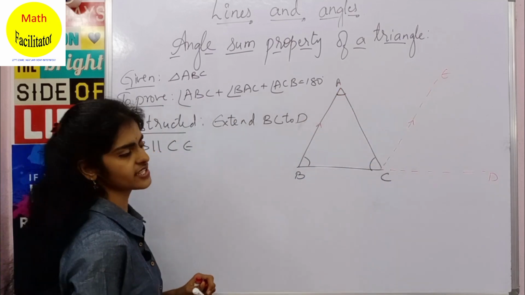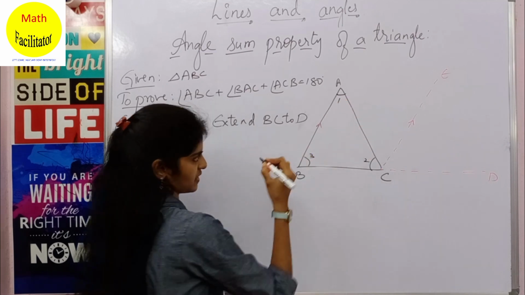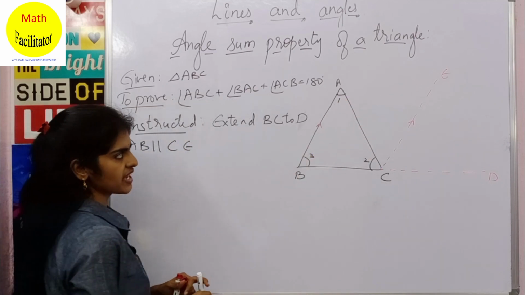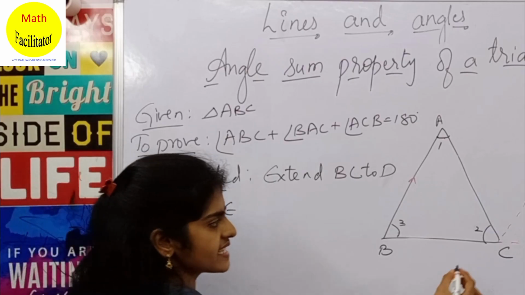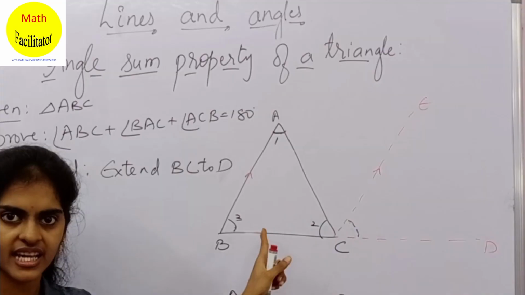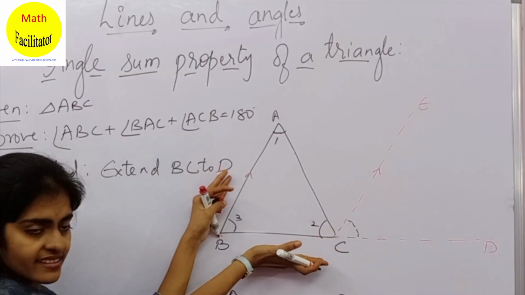Clear? Now just look here. Suppose this is angle 1, this is 2, this is 3. We are saying that AB is parallel to CE. These two are parallel lines, and BD is a transversal.